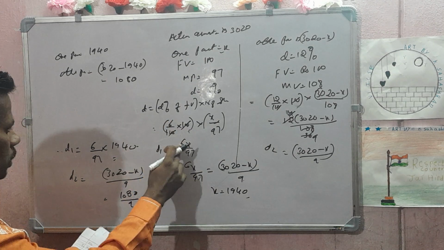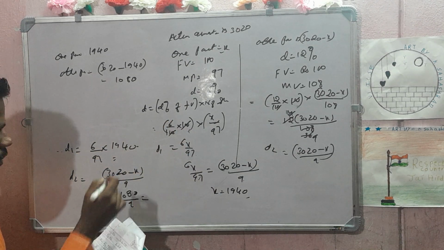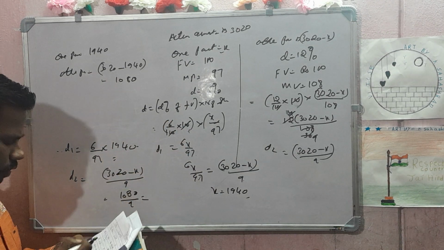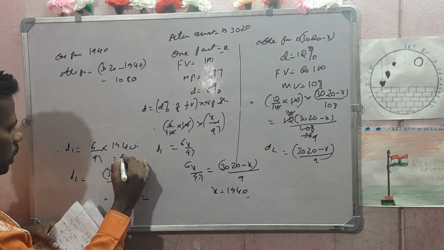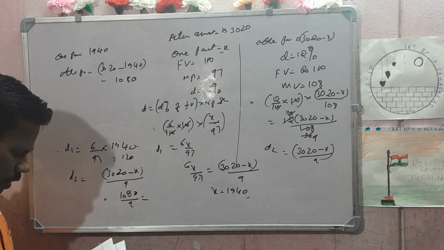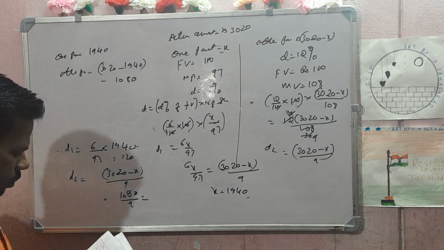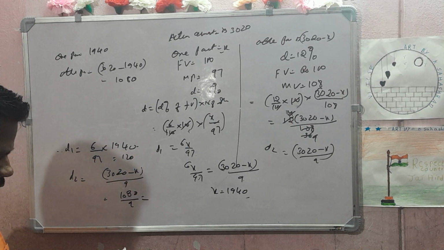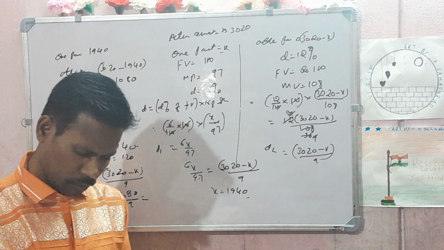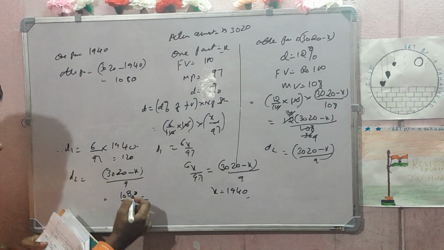That 6x by 97, 6 by 97 into 1940 is nothing but 120, and this one 1080 by 9.